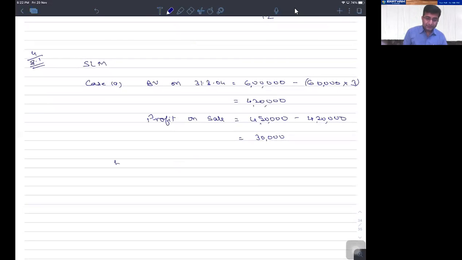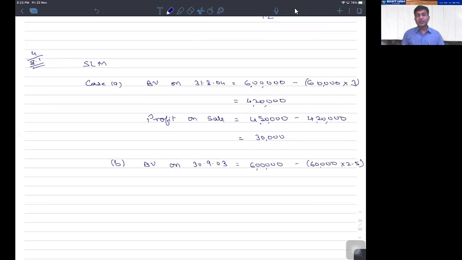Case B, if it is sold 3 months prior, then again we'll be required to calculate book value on 6 months prior, in fact. That is equal to 6 lakh minus 60,000 into 2.5 years.